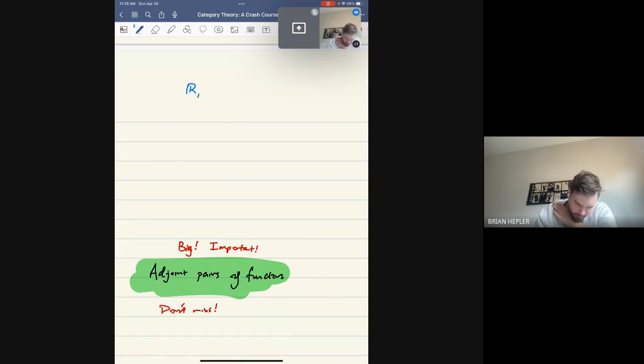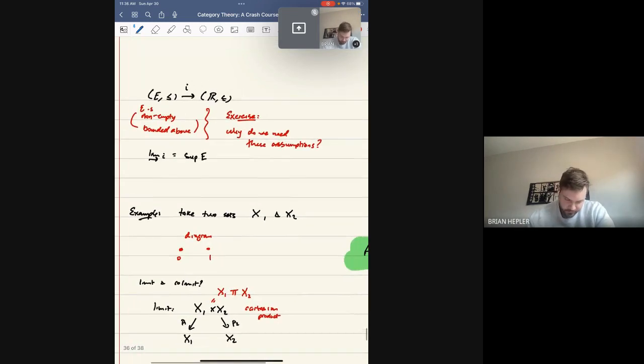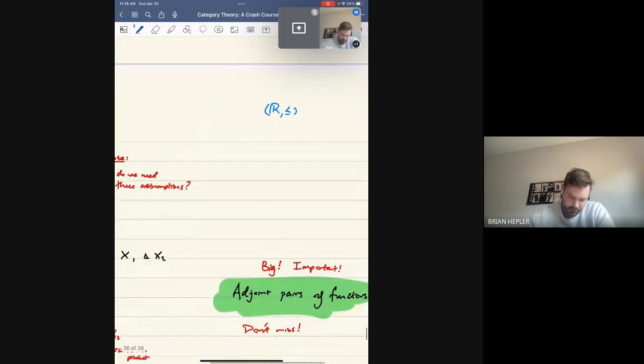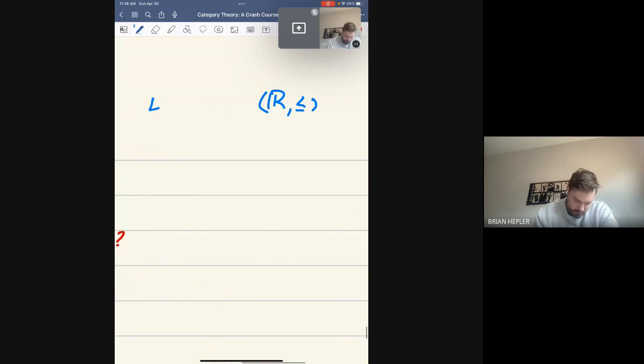My ambient category is the poset of real numbers with less than or equal to as our order. And I consider a diagram in here to be a non-empty bounded above subset.